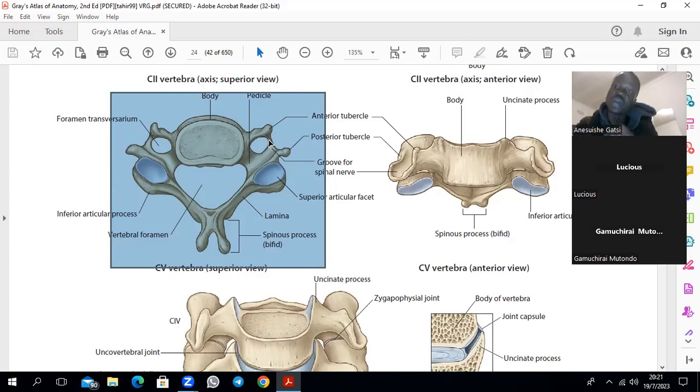One of the reasons why C7 is going to be atypical is that its foramen transversarium is going to be very, very small, such that it will not allow passage of both the artery and the vein at once. Only one thing will pass through.